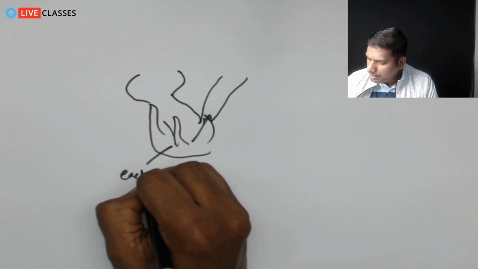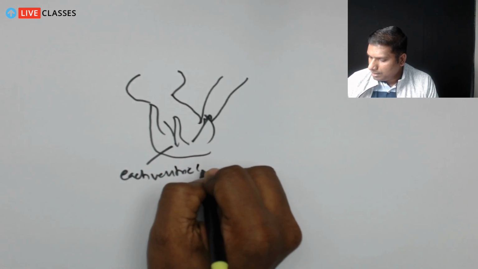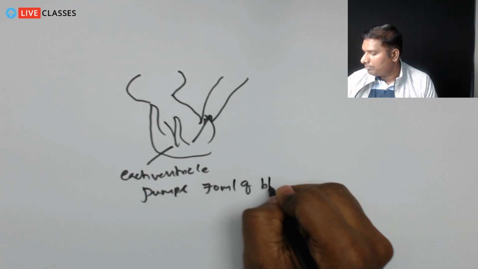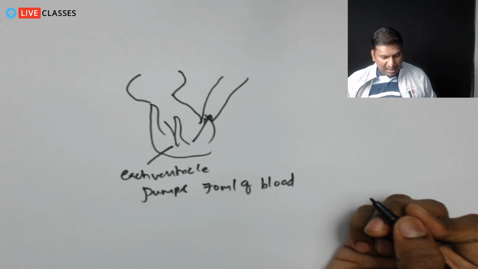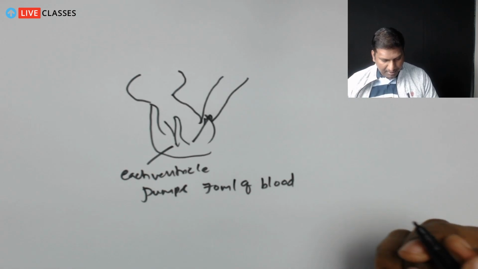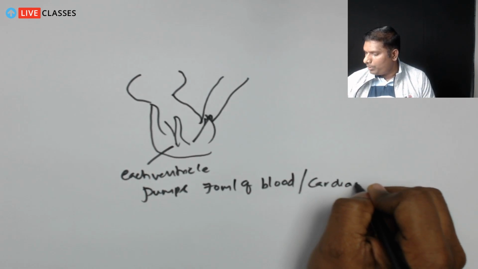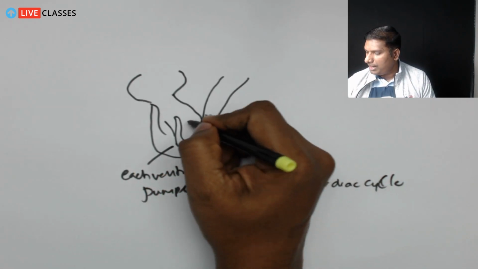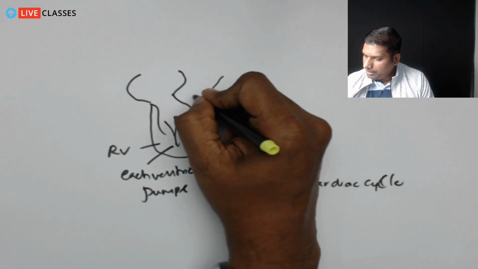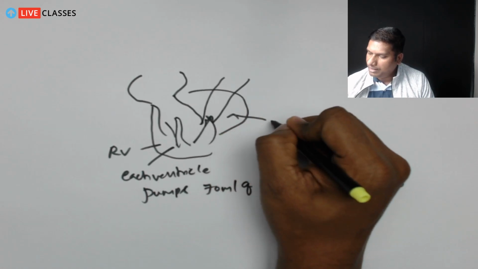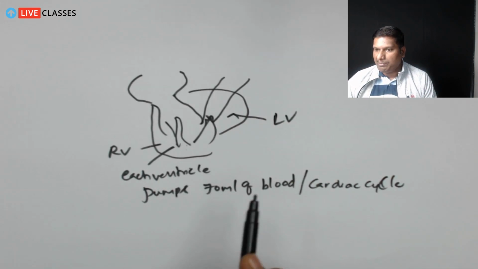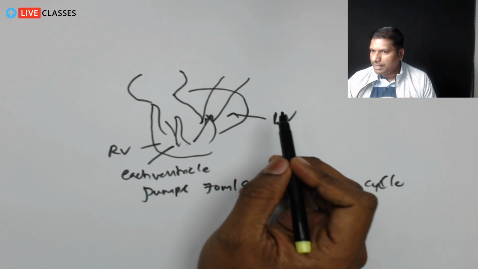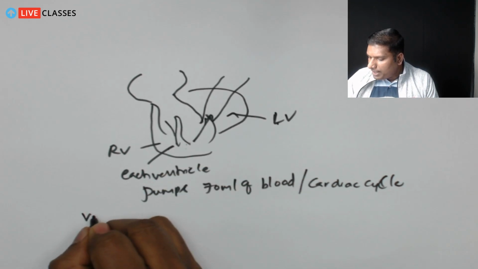Each ventricle pumps 70 ml of blood per cardiac cycle. In one cardiac cycle, the right ventricle will pump 70 ml of blood and the left ventricle will pump 70 ml of blood, per cardiac cycle.